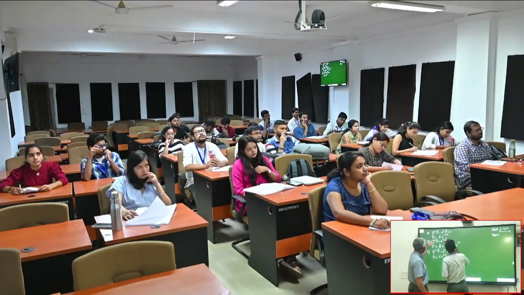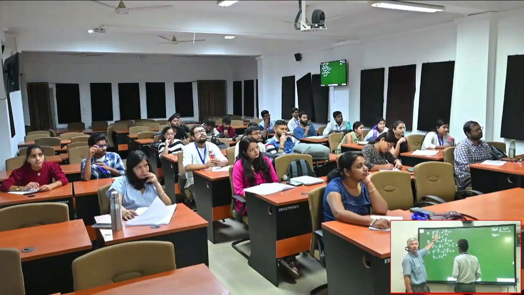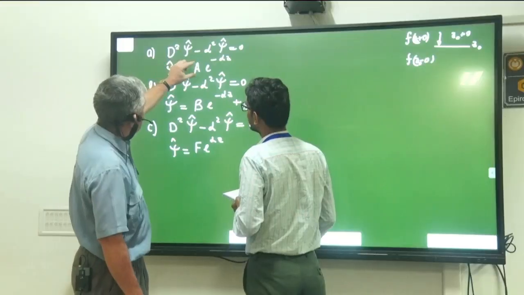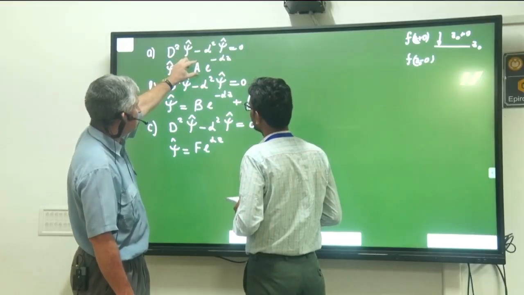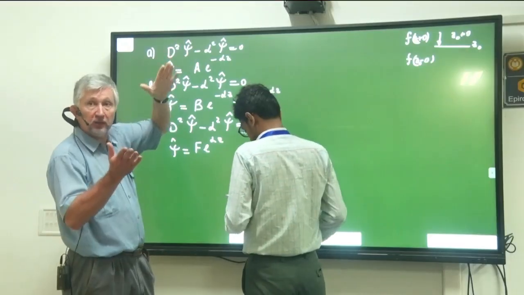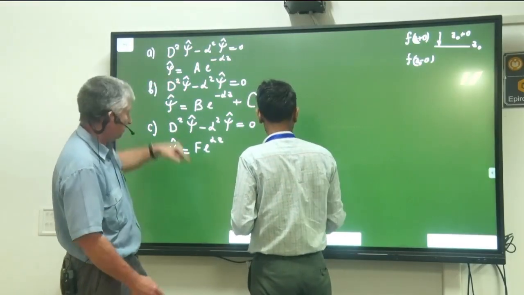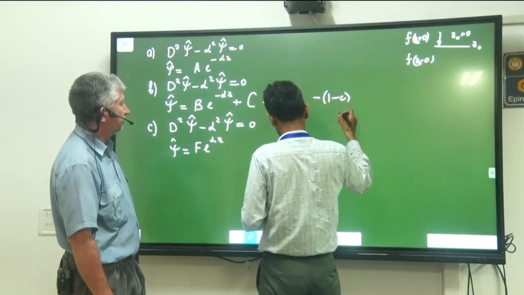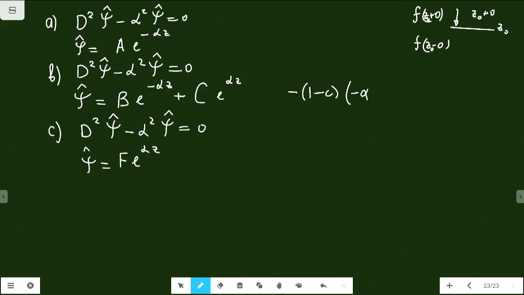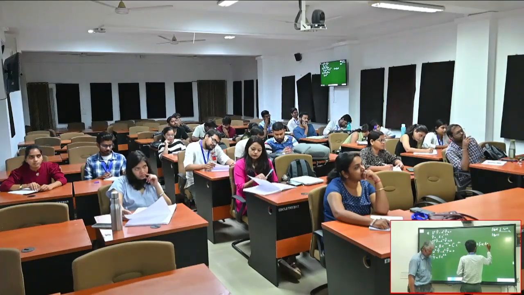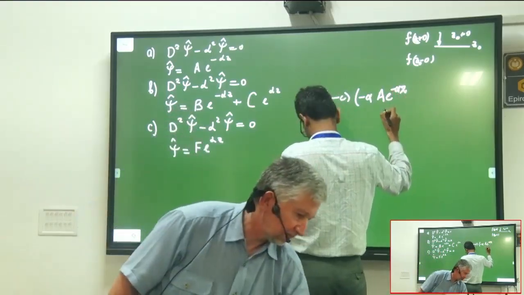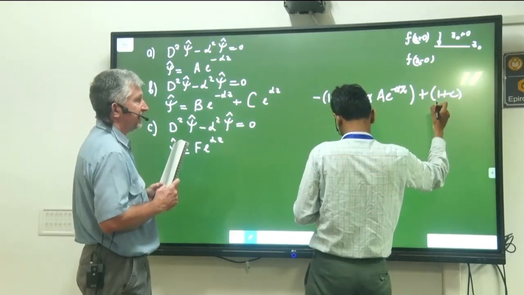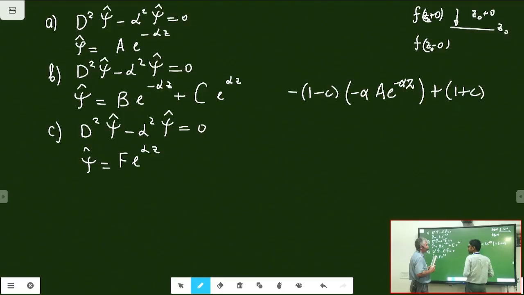I substituted this with this. So we take this, that's the solution from the first region, right? And what we need to do is to substitute this and this. So if we're matching two layers, the first layer and the second layer, and what is z?